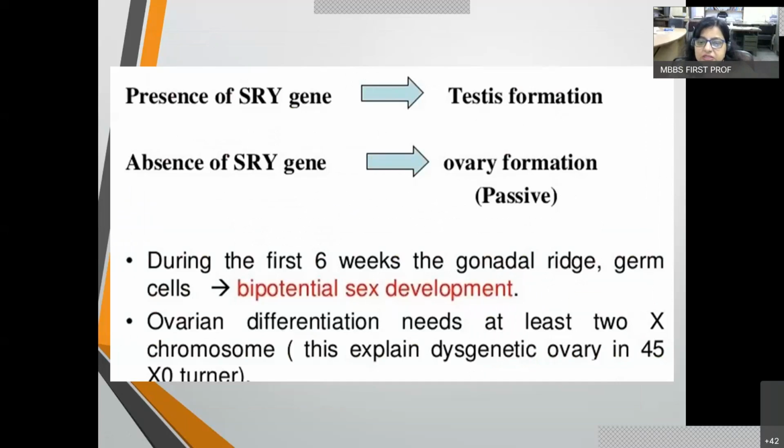But during the first 6 weeks, germ cells are in an indifferent stage. There is no differentiation between the male and female. And after that, when these primordial germ cells reach the genital ridges, the indifferent gonad changes into either male or female, depending upon the presence or absence of the SRY gene.